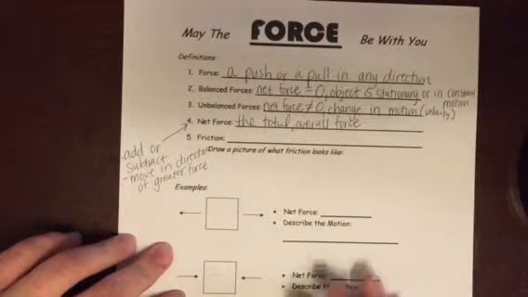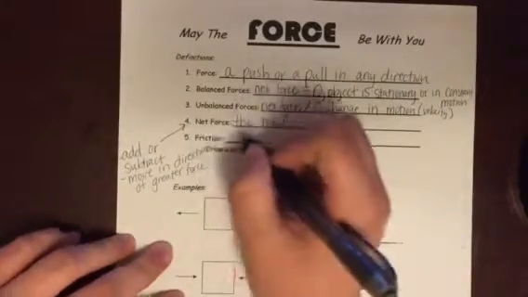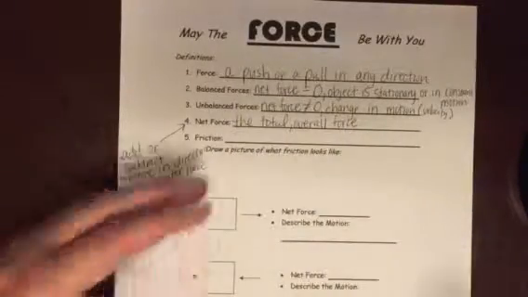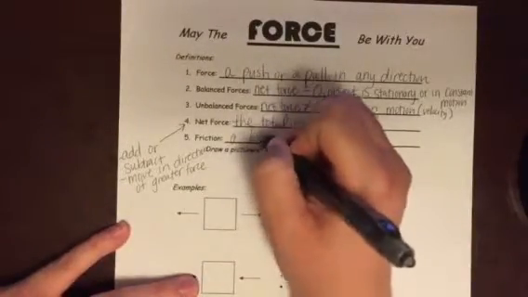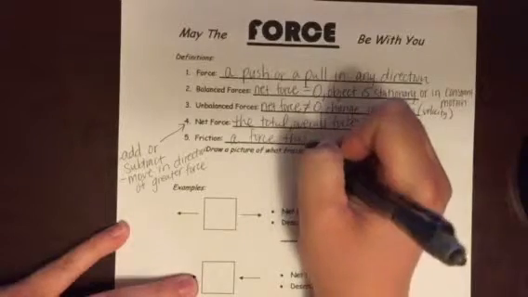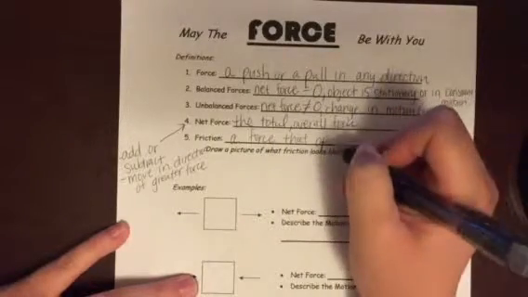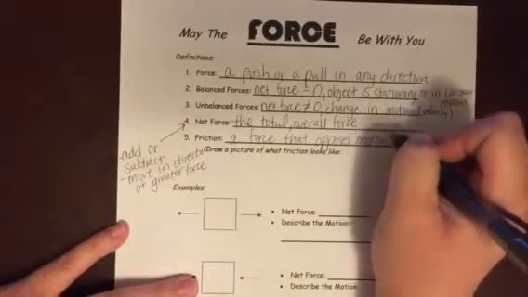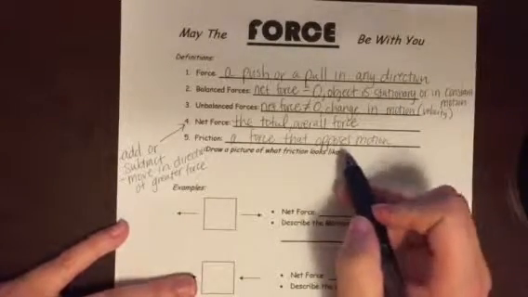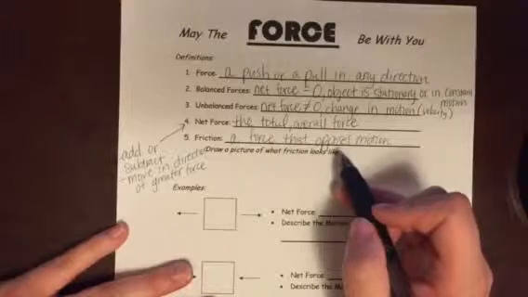Okay, and friction. Friction you know about. In elementary school you learned friction is the force that opposes motion. When you hear the word opposes, think of opposite. It goes against each other.